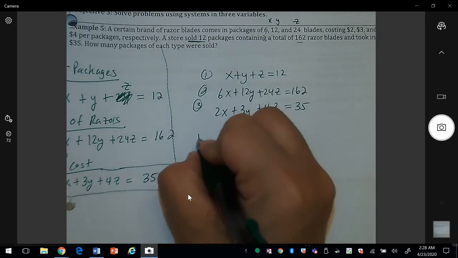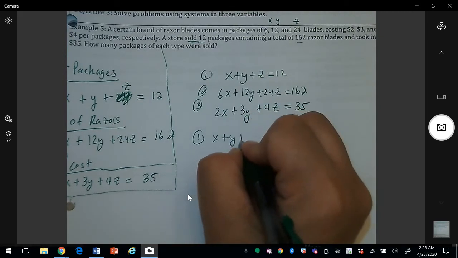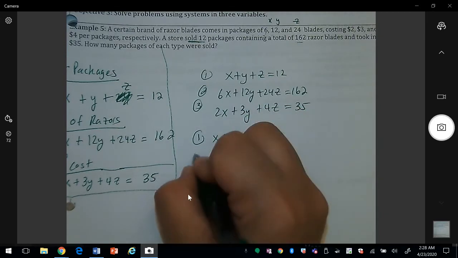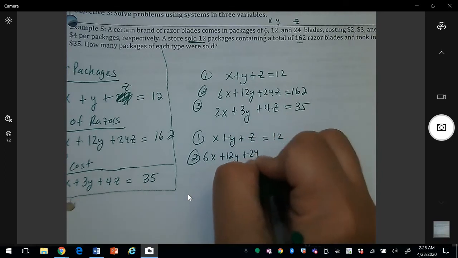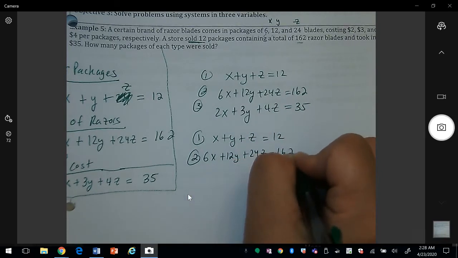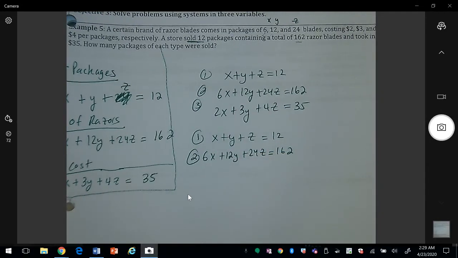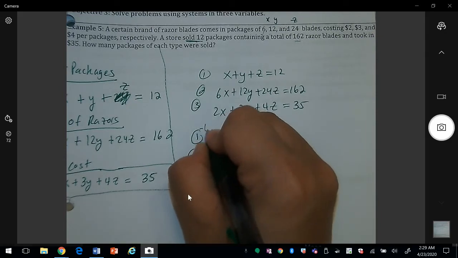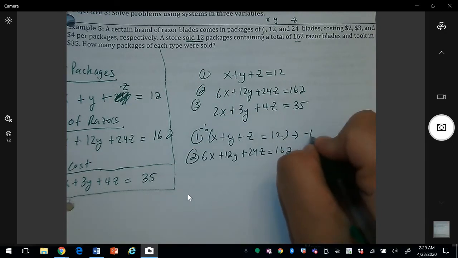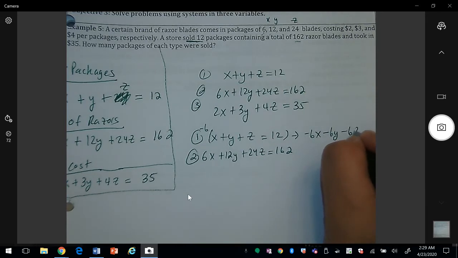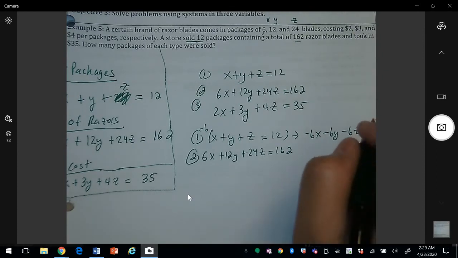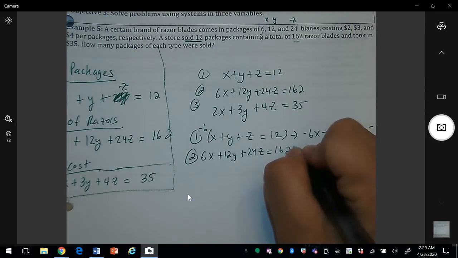So I'm going to use equation 1 and equation 2. And I'm going to choose to get rid of the x's. So I'm going to multiply this by negative 6. So that becomes negative 6x minus 6y minus 6z is equal to negative 72. And this equation remains the same.